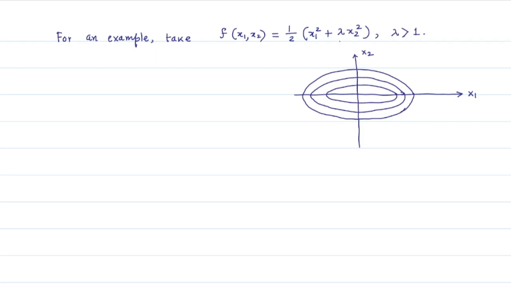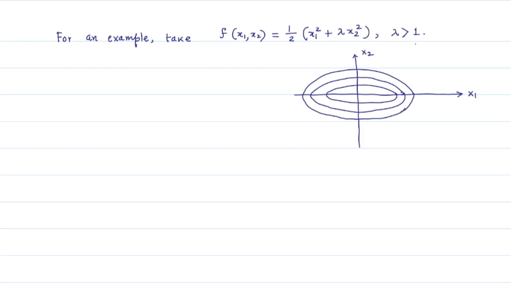And here, this value of lambda actually identifies the condition number of the Hessian of this function f. We notice that the Hessian of this function f has eigenvalues 1 and lambda.